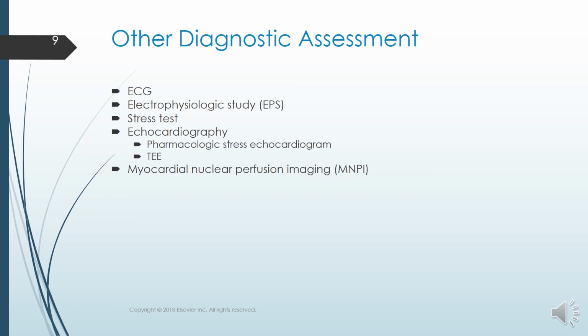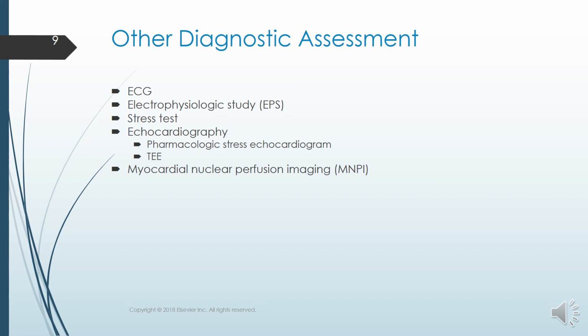The TEE is a transesophageal echocardiography. Basically what they do is an echo through the esophagus, and they can really see the back of the heart, because the esophagus goes right down behind the back of the heart.